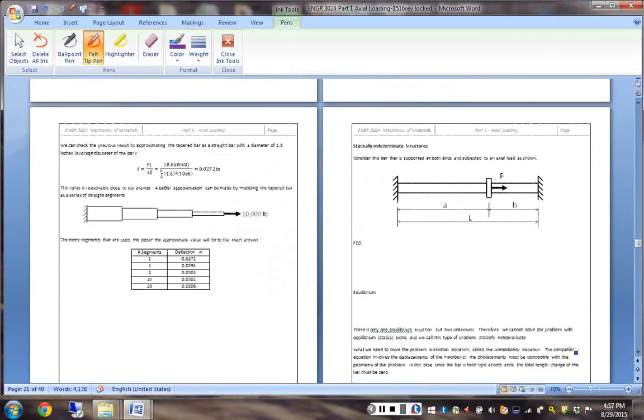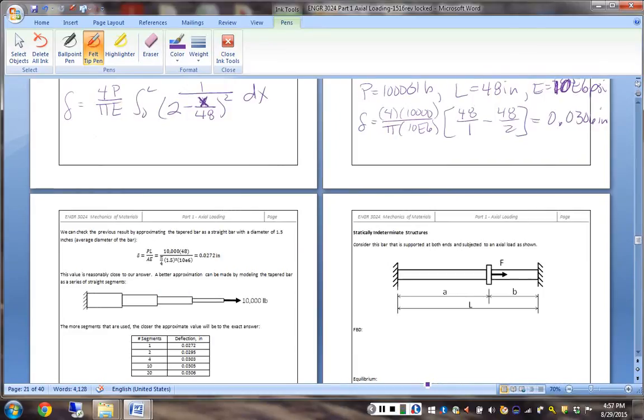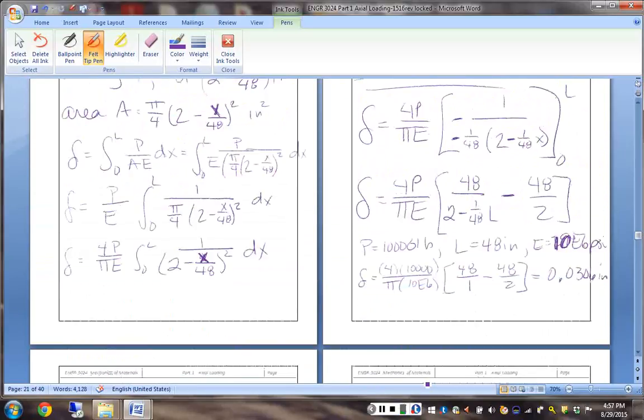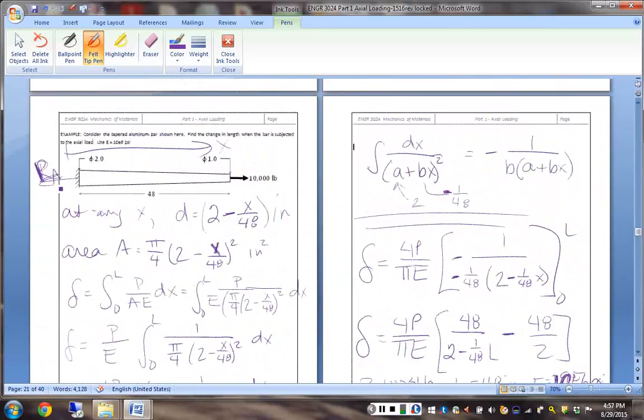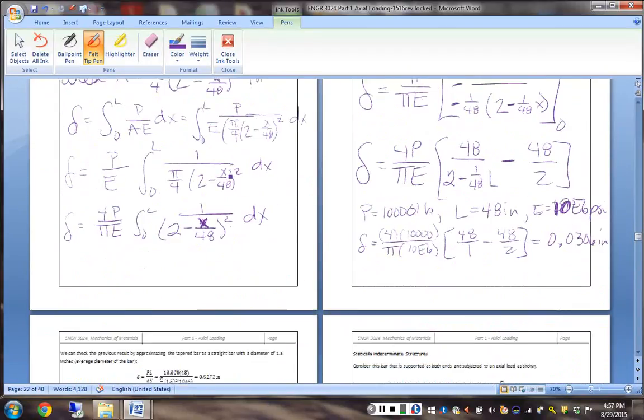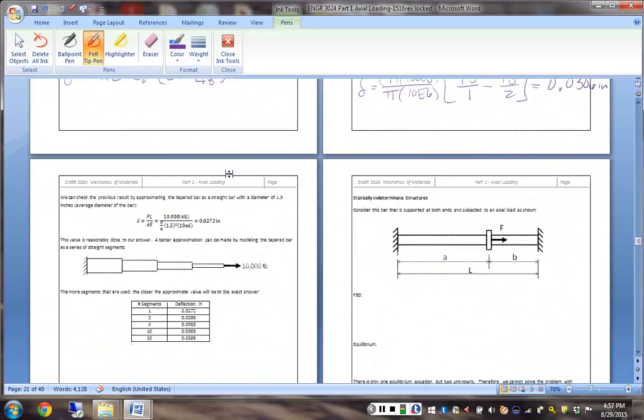And sort of an interesting segue into next week's lab, the finite element, and the fact that engineers tend to be lazy, and we don't like doing integrals if we don't have to, is if we look back at this original problem, the fact that it's a tapered bar, we could say, what if instead of this bar that goes from a diameter of 2 inches down to a diameter of 1 inch, we make a guess that it is the same as a straight bar with an average diameter of 1.5 inch.